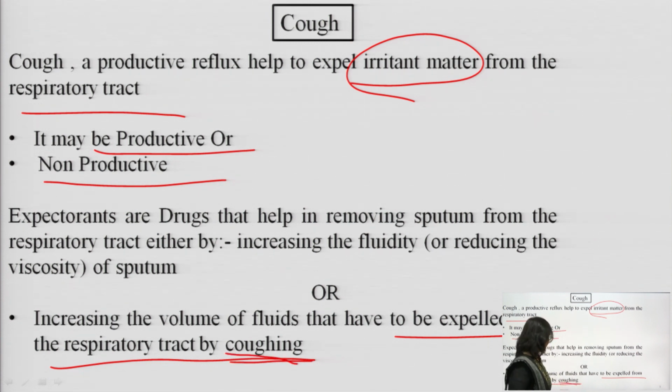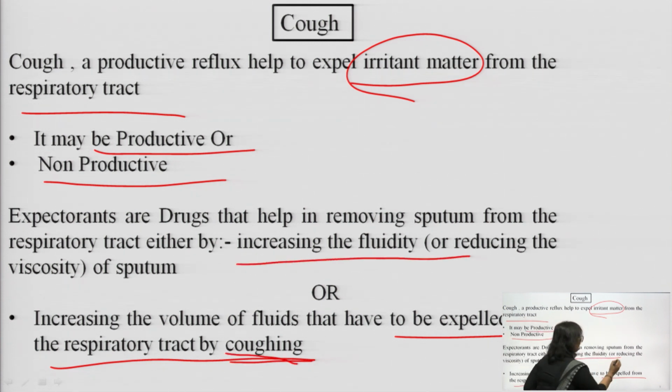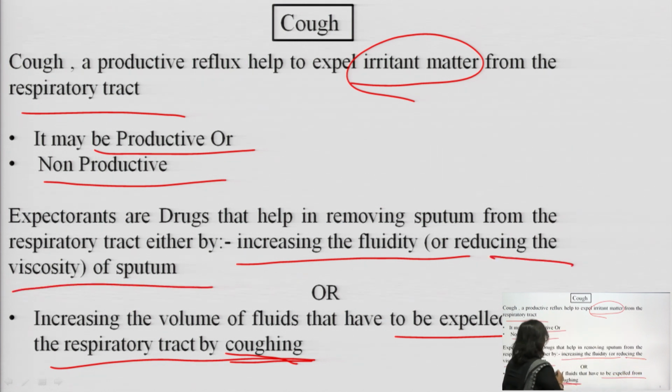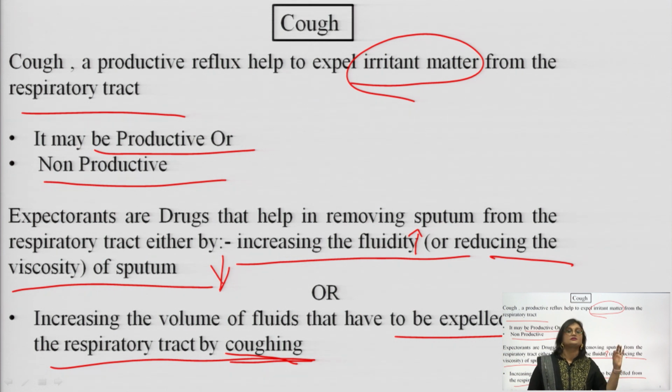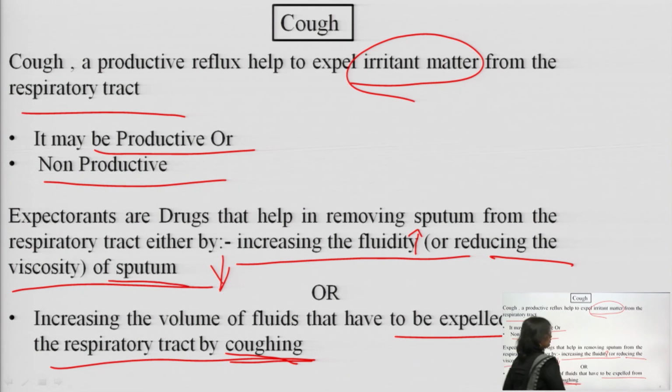By increasing the fluidity or decreasing the viscosity of the sputum, expectorants can expel out the phlegm or the sputum from the respiratory tract.